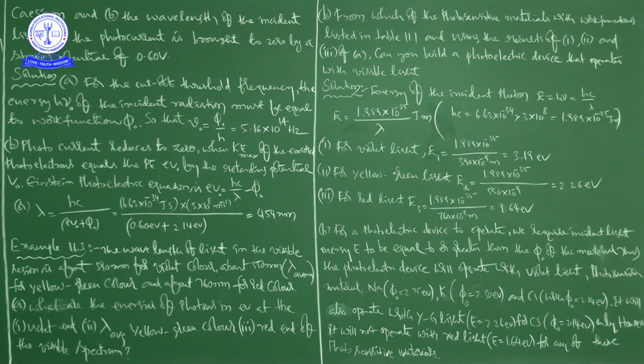Then B, from which of the photosensitive materials with work functions listed in table 11.1? In our theory, when we discussed the work function, there is a list in our textbook. In that list they have given some materials, the metals, and the values of work functions.